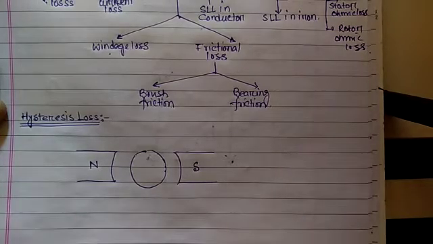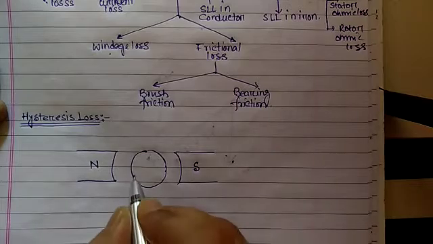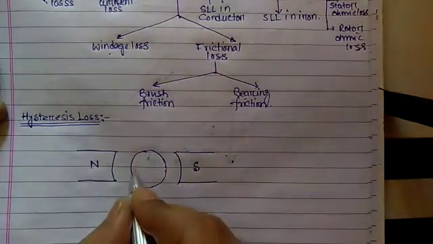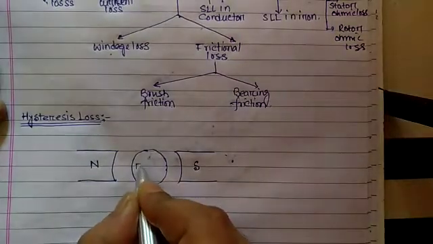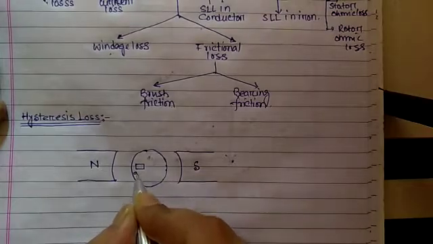Each molecule contains a north and south pole. Suppose we consider a very small iron piece A, B.